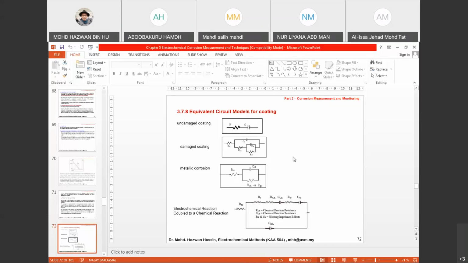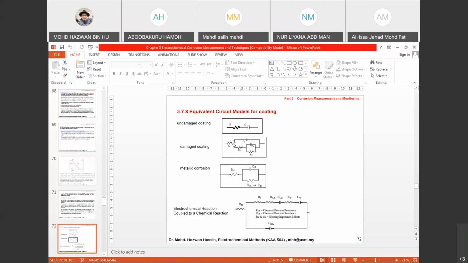So some of these coatings are basically porous, okay, and some can be categorized as damaging coating. Damaging coating means that the coating is less stable. When you apply, normally it's just temporary and it can easily peel off. Okay, so that one we call damaging coating.